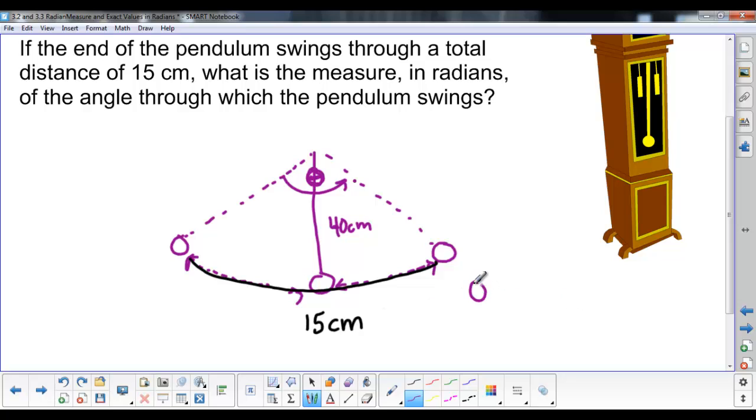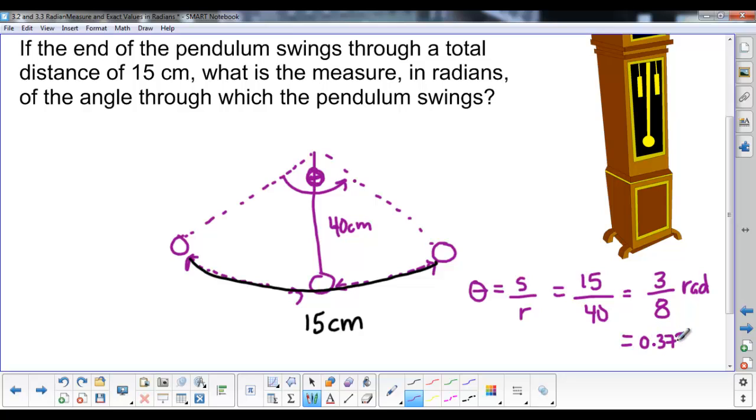So again, we use our formula that theta equals the arc length over the radius, and we know that the arc length is 15, and the radius created by the pendulum here is 40 centimeters. Just reduce. So we end up with a fraction, 3/8 radians. And if you wanted to change that to a decimal, you could call it 0.375 radians.